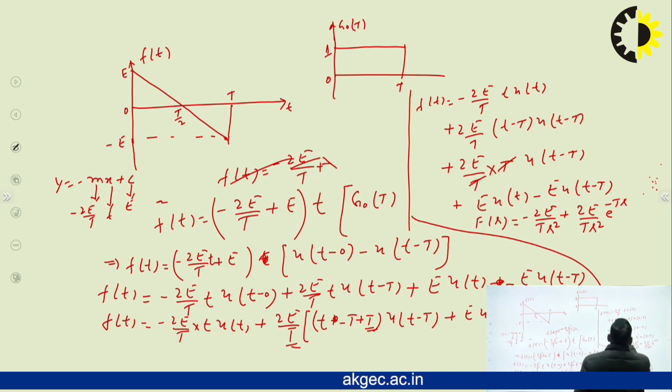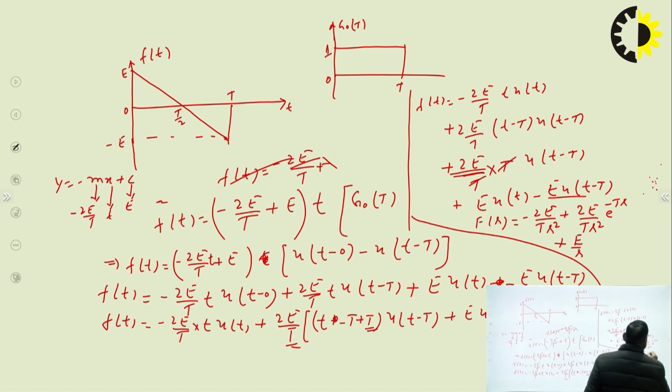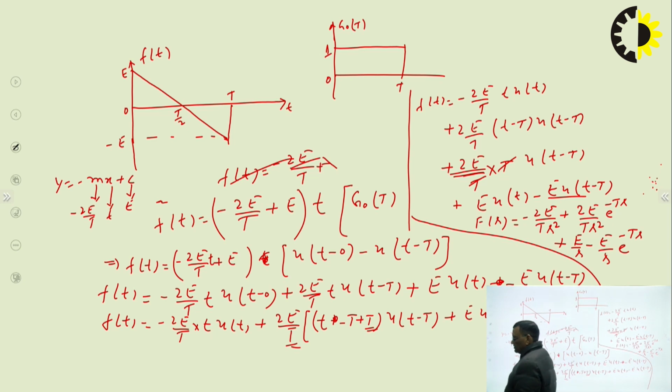Then plus 2E u(t minus T), so this is 1 by s, so plus E by s, and minus E by s e to the power minus Ts. Okay, so this is the way to carry out the waveform synthesis using the gate function.